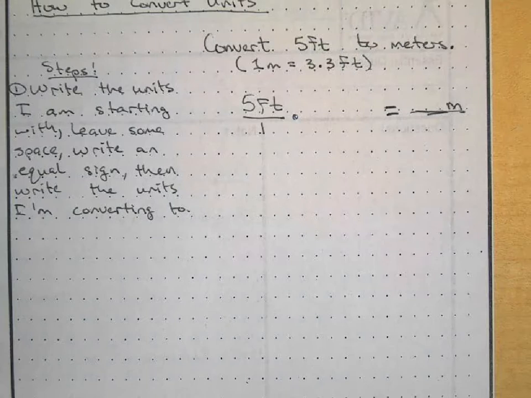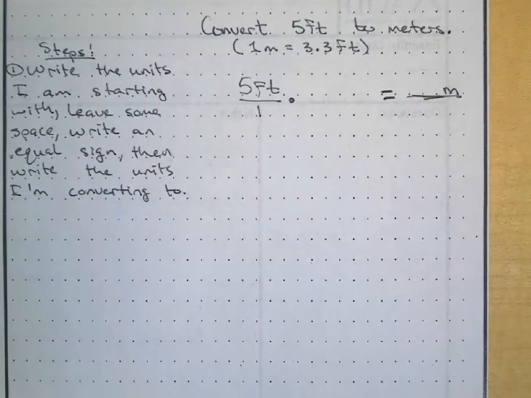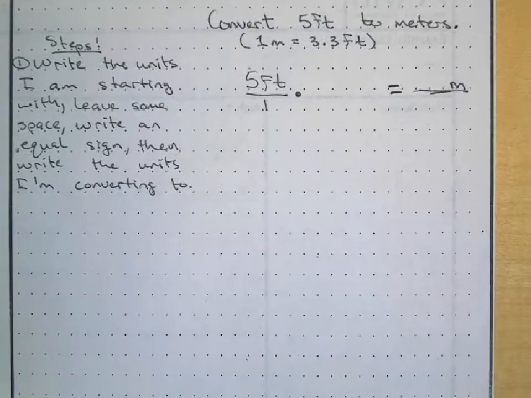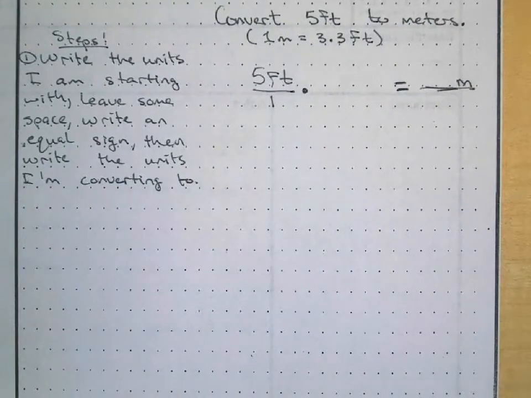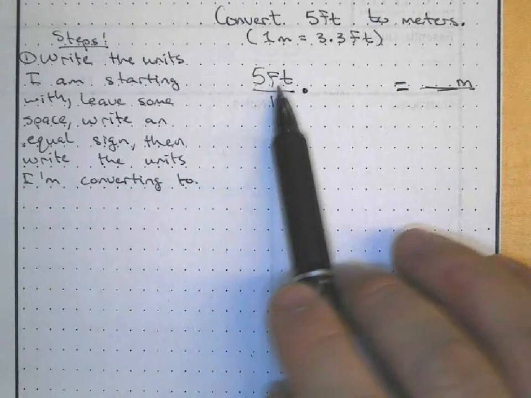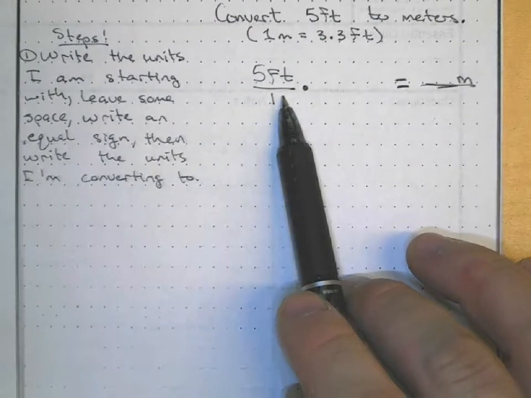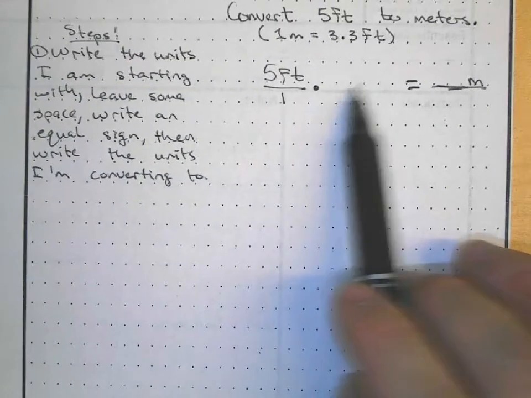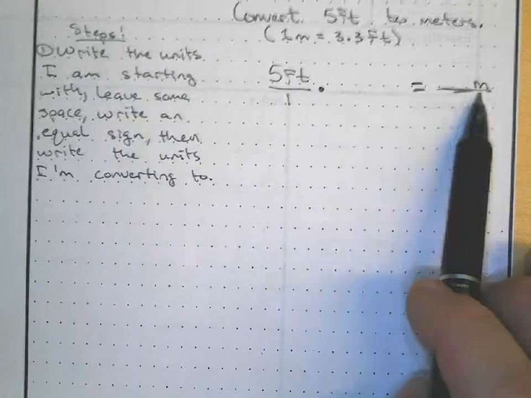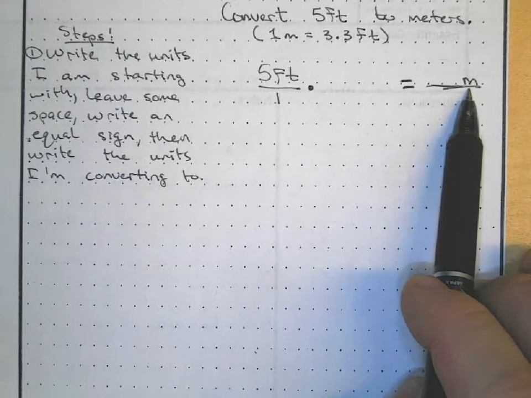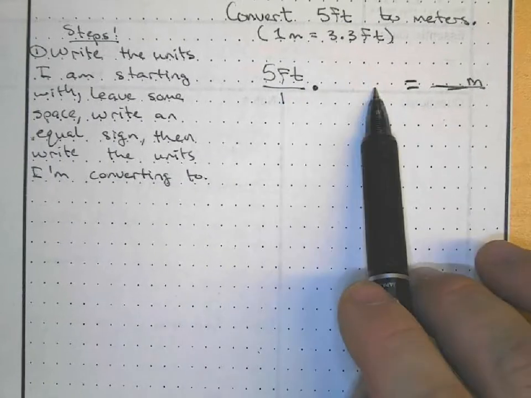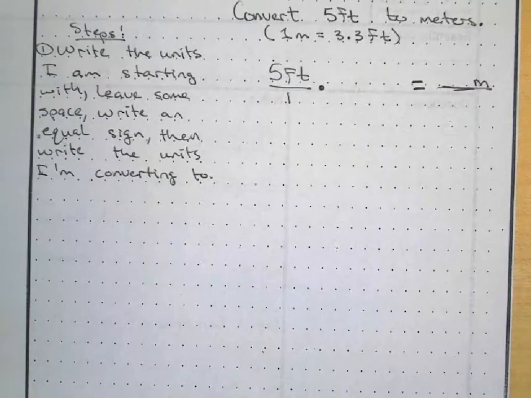And this will always be multiplication. So I'll write the units I'm starting with, 5 feet, leave some space, write an equal sign, then write the units I'm converting to. Converting 5 feet, space, to meters.